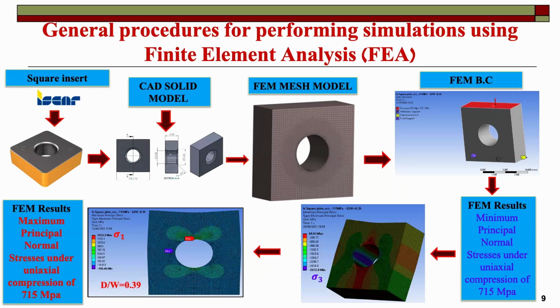This is just an example along the line. The maximum we see is at point C, and the minimum is at point A. This is an example for D over W of 0.39.